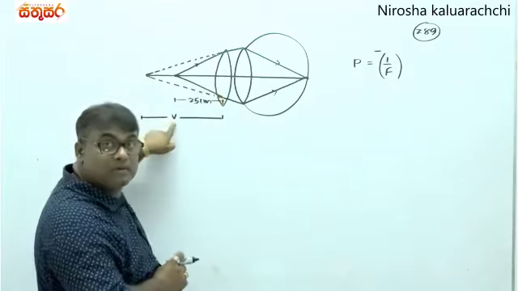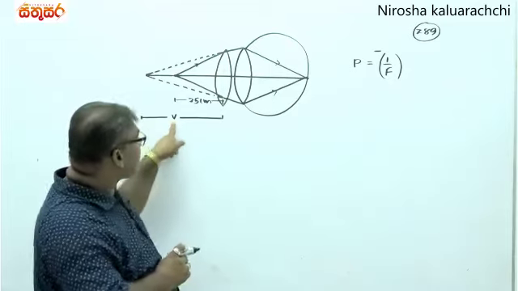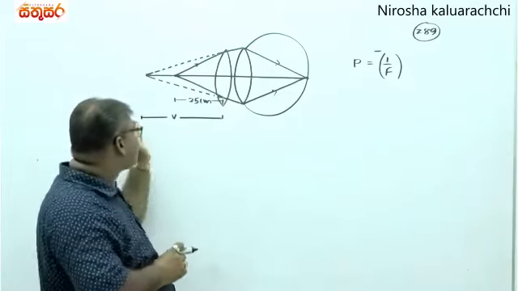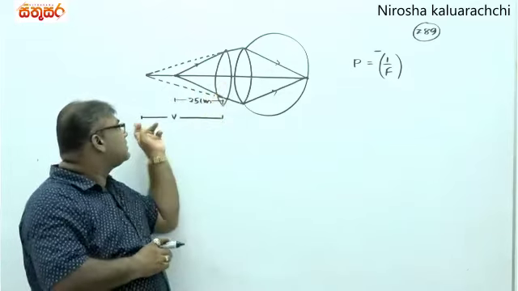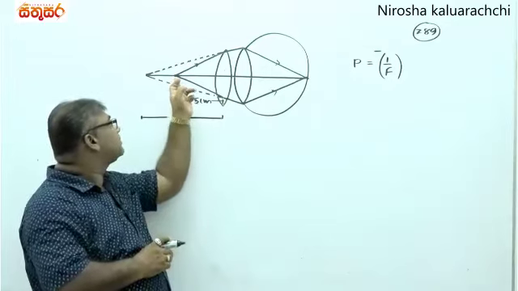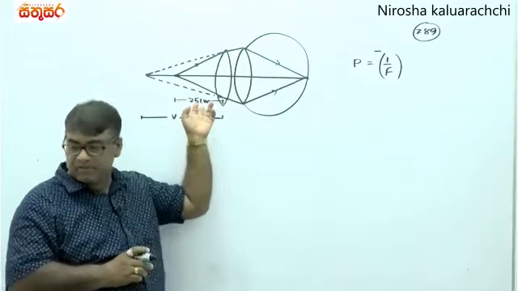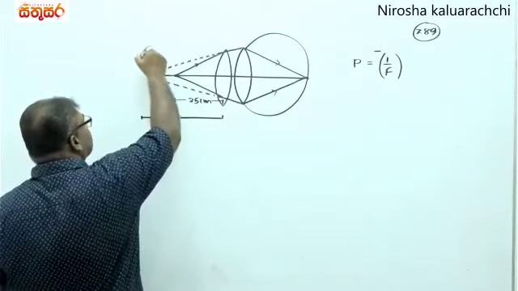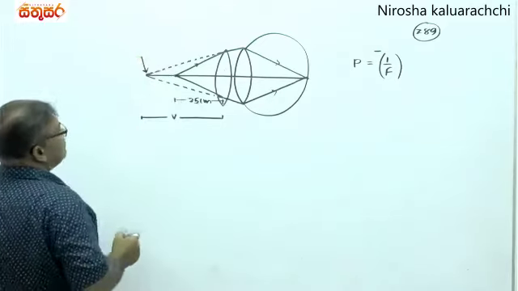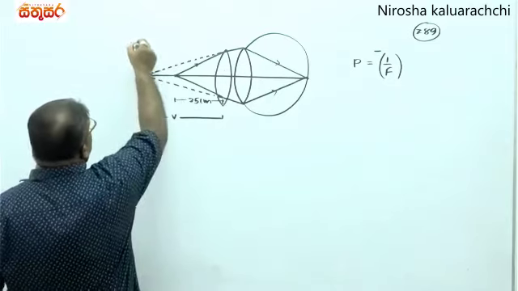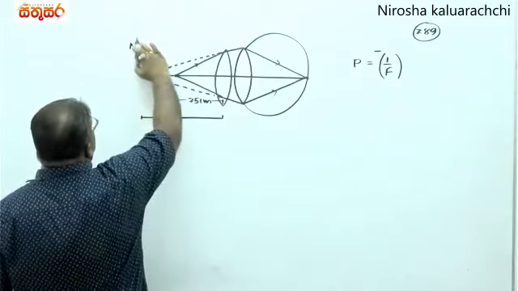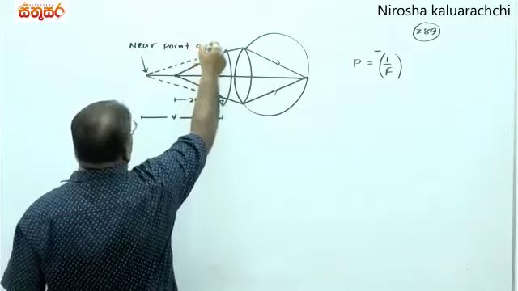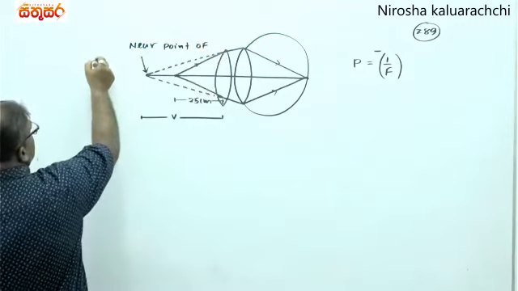Now, this one is the image distance when we apply lens formula, considering the object position at least distance of distinct vision. Clear? Right. We call this one the near point of the defective eye.